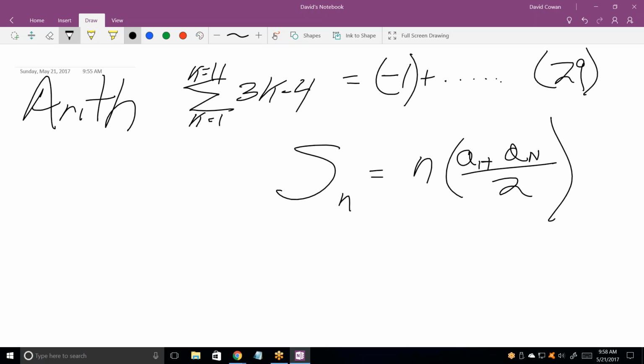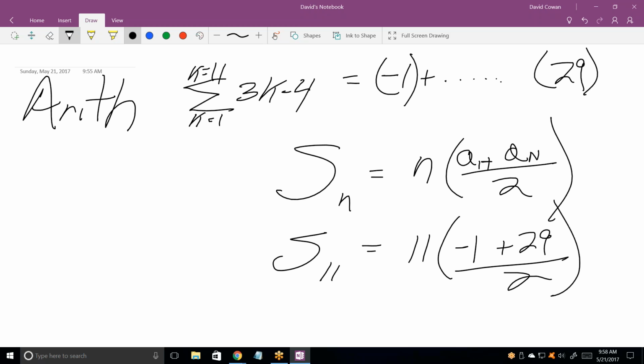Uh-huh. Now we have everything we need to figure out the sum of the first 11 terms. Plug it in. Tell me what I should write. All right, so then S of 11 equals 11 times negative 1 plus 29 over 2.